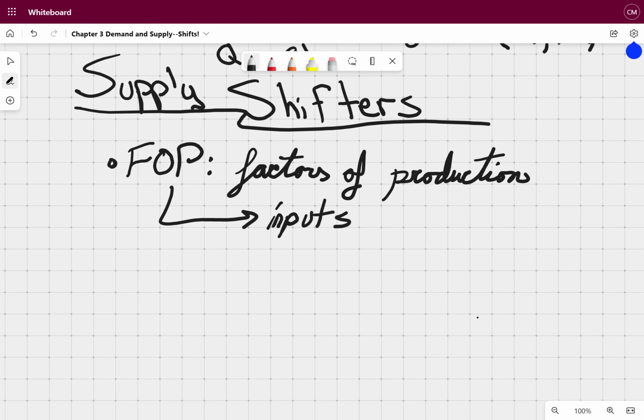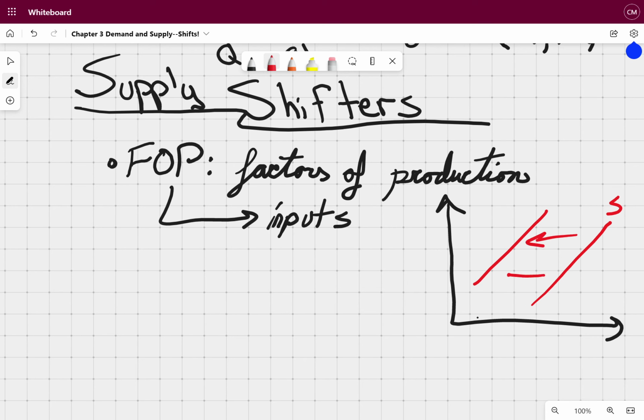there's going to be a shift leftward in supply. So like if the fiberglass in skateboards were to go up, there would be a shift inwards in supply, or if construction wages went up and this was the price of homes.